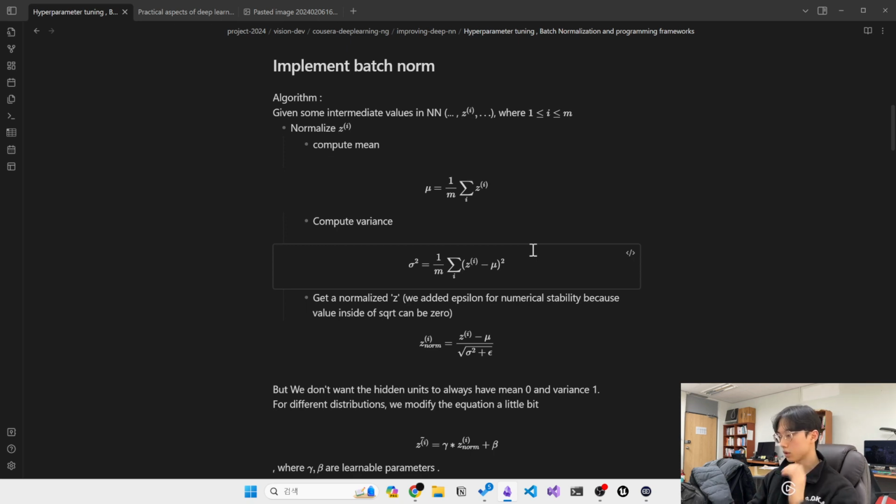And we should know that we added an epsilon inside of the square root for numerical stability, because the inside of the square root can be zero. So it doesn't make sense in our implementation. So we need to add a slight value as an epsilon.